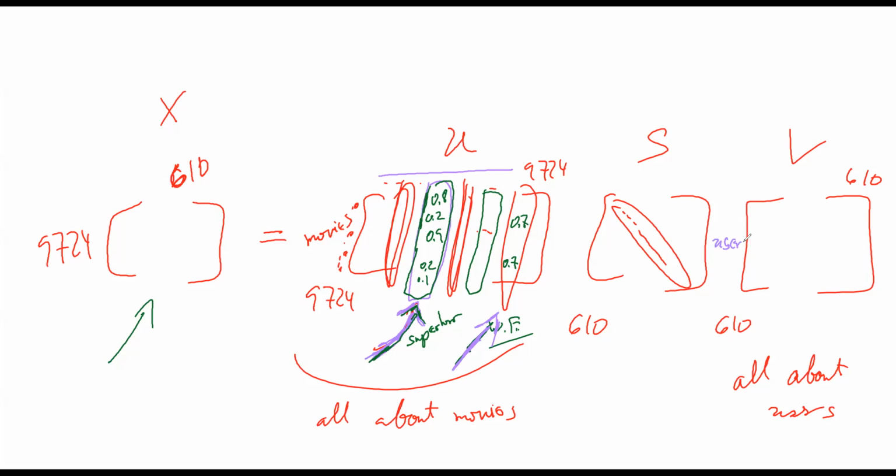Here we can do the same thing. We have these columns, and they're inverted, but we have these columns now. So the columns also represent groupings. So now you might have a whole bunch of users, and again those users have really high values for sci-fi. What does that mean? They like sci-fi, right?